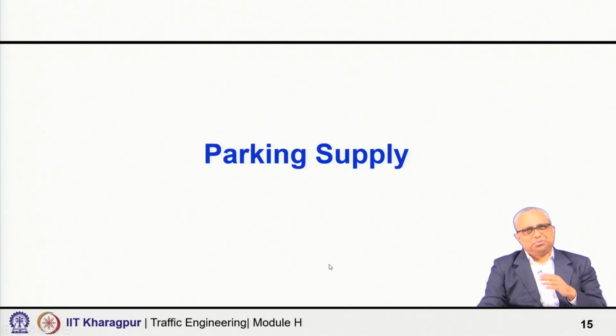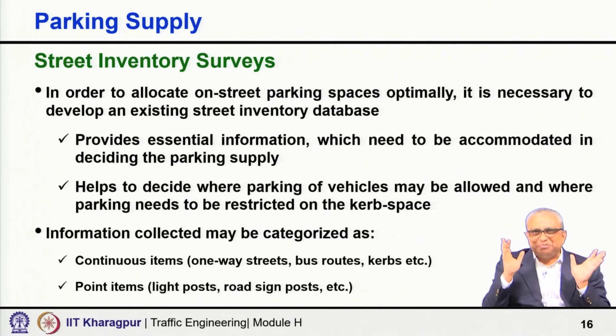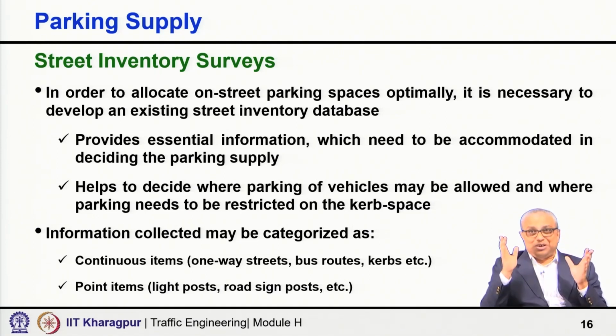Now, going to the next part, that is the parking supply. So, the demand part is done. Now, going to the supply. For supply, often it is useful to have a street inventory survey. If you have a readily available map with every detailed piece of information as it is in the field, then you probably do not need it, but rarely will you have such a map.